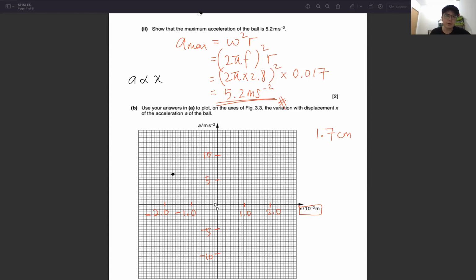Okay, and the same on the other side. 1.7, 5.2. So your graph should look like this. This is the graph of acceleration against displacement. So typical graph here. a equals negative omega squared x, you should get a straight line that has a negative gradient.